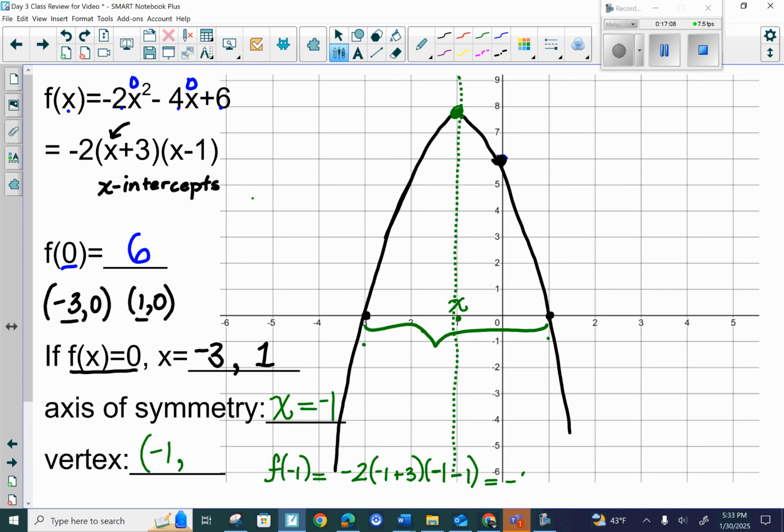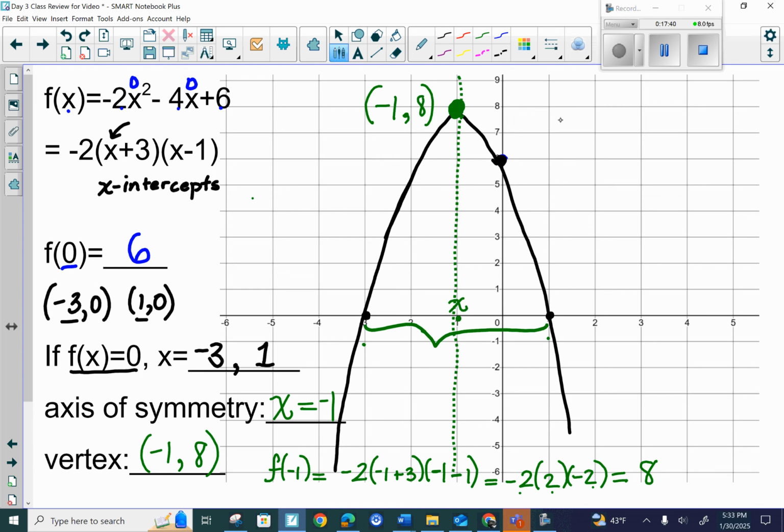And I'm going to get -2 times 2, -1 plus 3 is 2. -1 minus 1 is -2. And I get -2 times 2 is -4 times -2 is +8. So my vertex is up here. I just undershot it a tiny bit with my graph, but my vertex is up there at -1, 8.